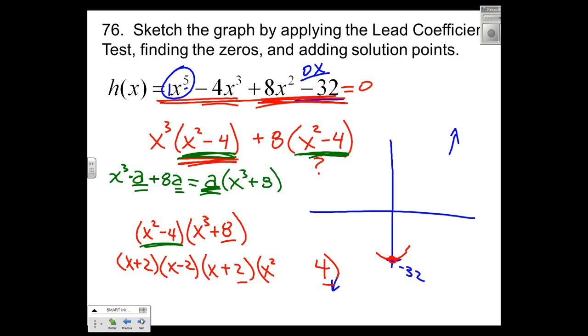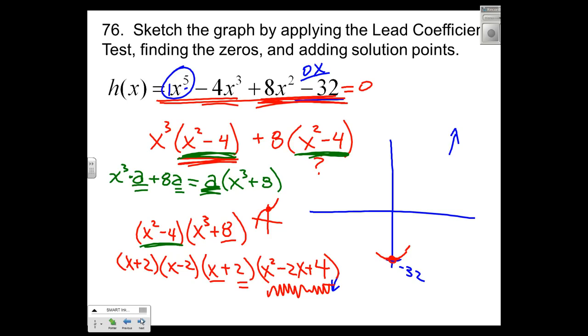That makes this plus, this plus. What goes in the middle here, I have to have a minus in there somewhere, is 2 times x. And if you paid attention on that previous slide, we know this will not deliver us any new zeros. Why? Because x cubed plus 8 just looks like this. Up 8.